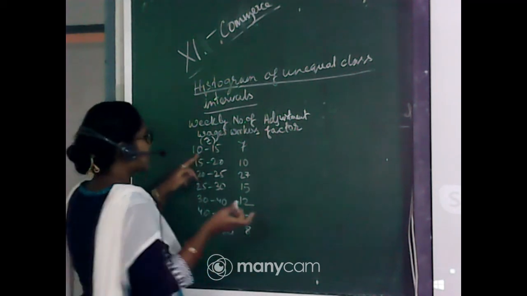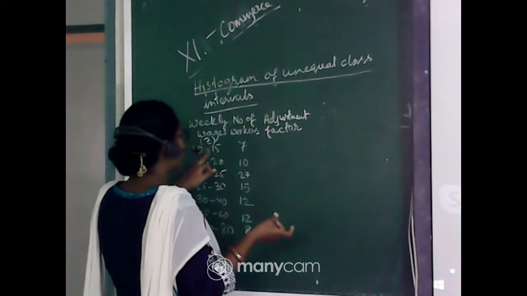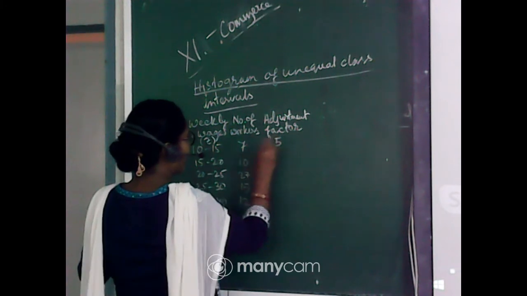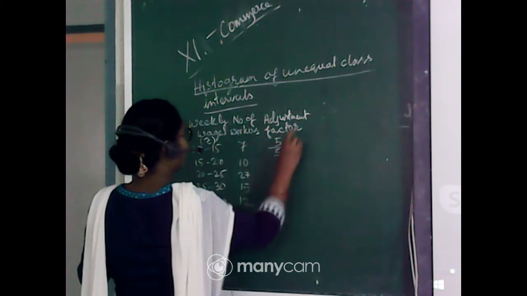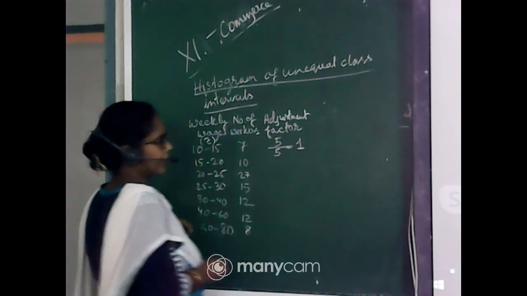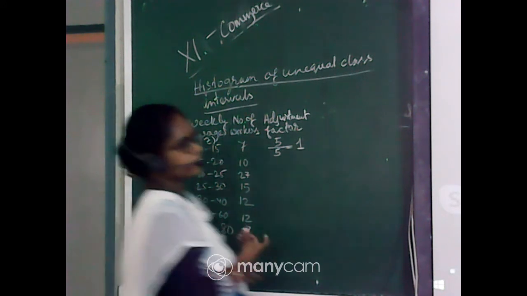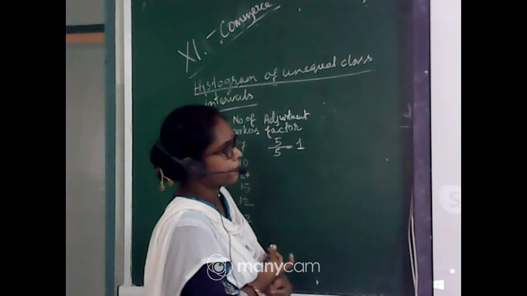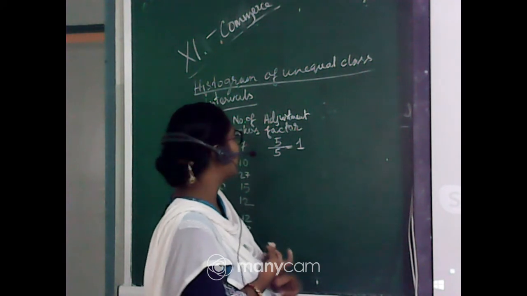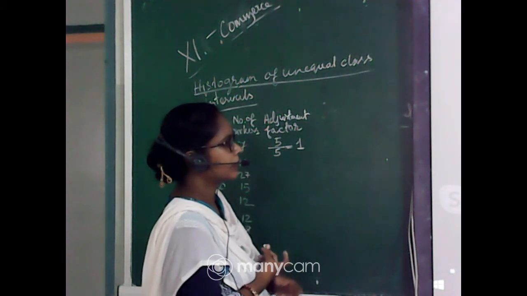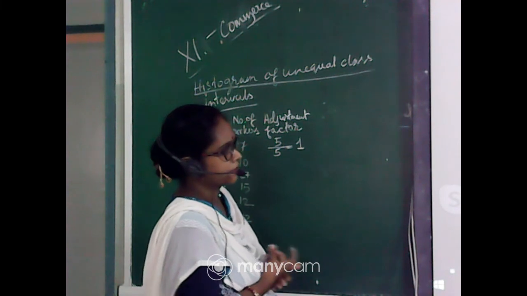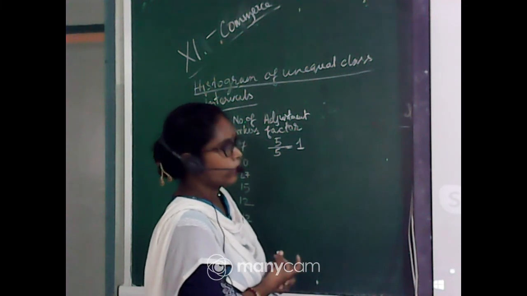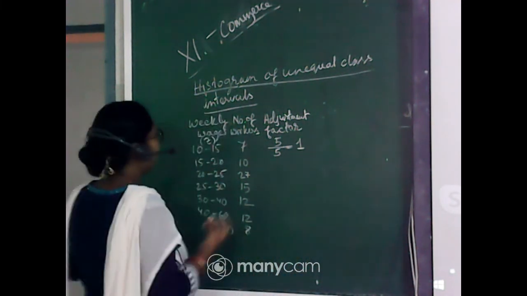The concerned class interval 5 divided by 5 gives 1.